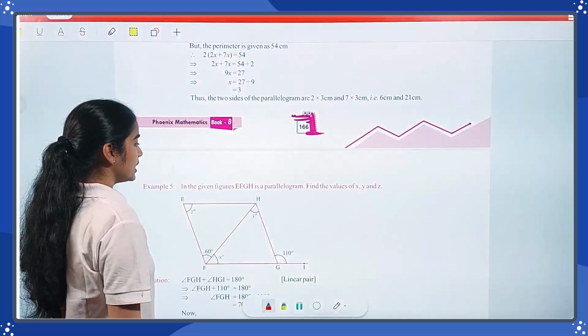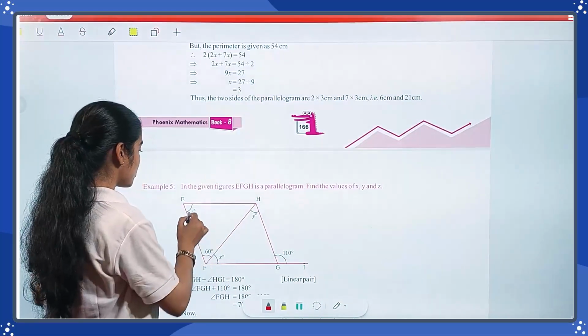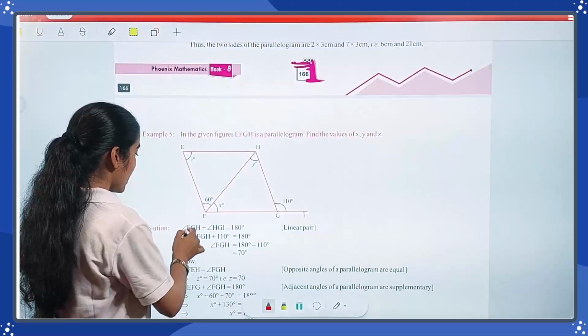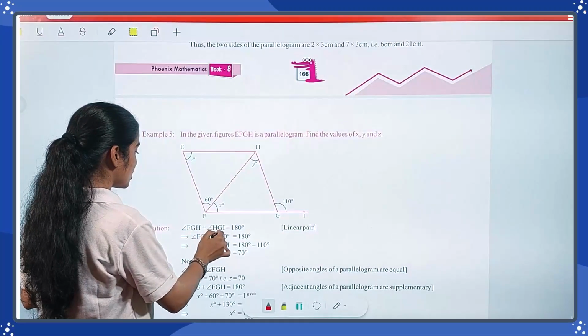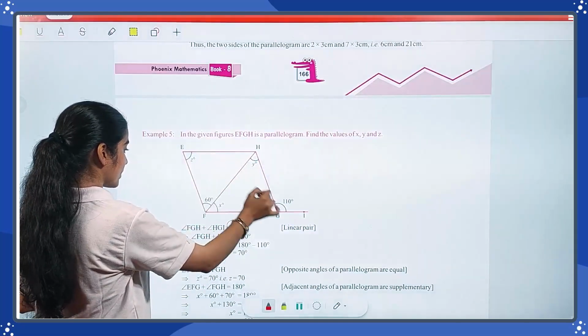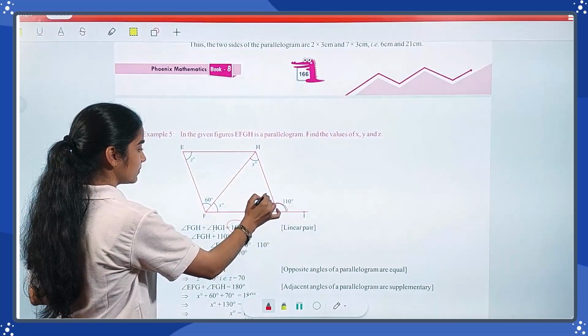Now, in the given figure EFGH is a parallelogram. Find the values of x, y and z. So angle FGH and HGI sum to 180 degrees. If this is 110, then this is 70, right?